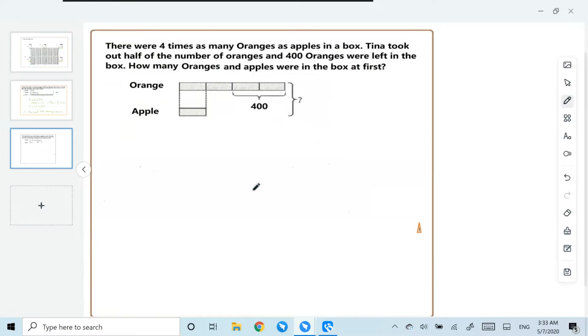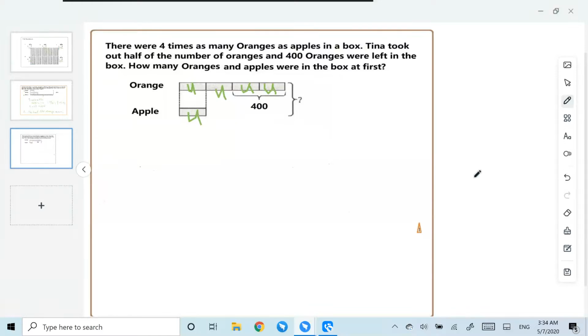Okay, look at the diagram. We see the oranges had 1, 2, 3, 4, 4 times more than apples. So 1 unit, 2 units, 3 units, 4 units, 5 units altogether. But half of the oranges is 400.